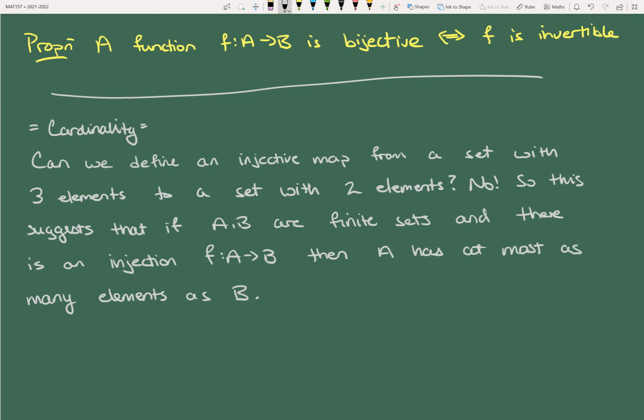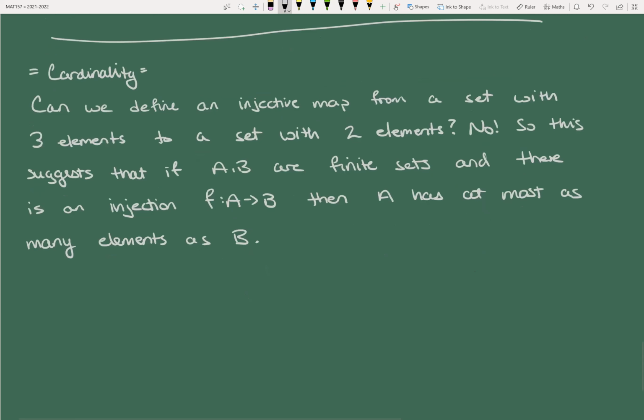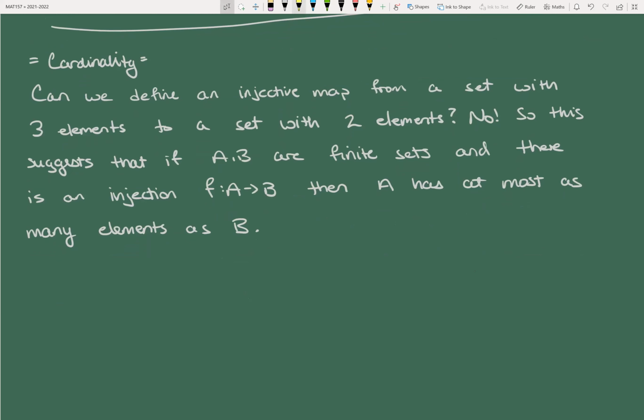Now that works if it's finite, but this leads to the notion of cardinality. Cardinality is the idea of counting the number of elements in a set. In the case of finite things, that's kind of obvious, I could just count them. But here we go, definition.